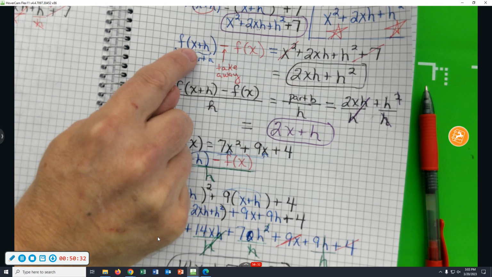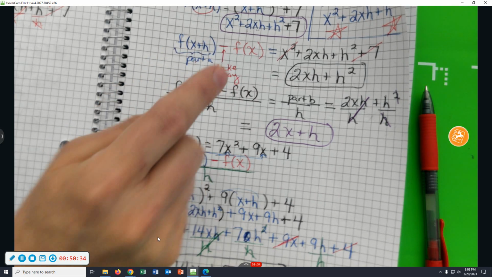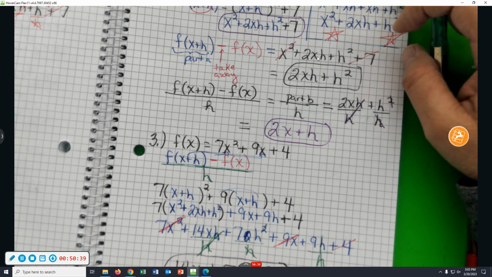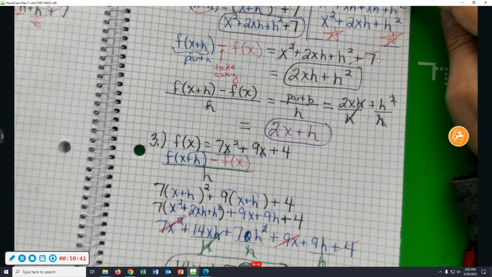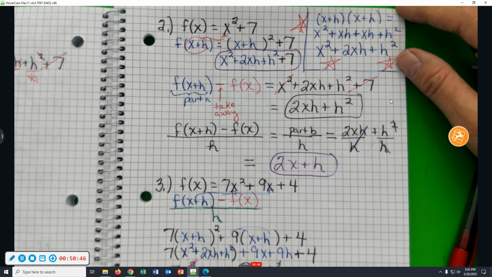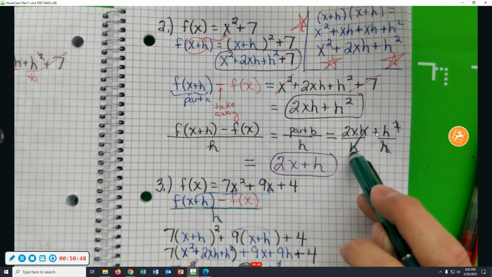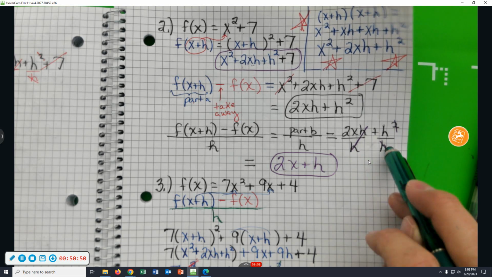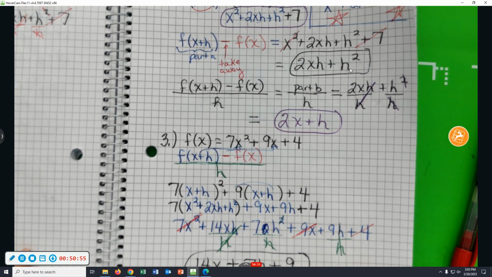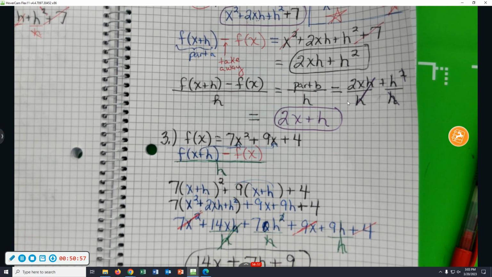In that takeaway part, the only things left are the terms that have an h. Anything that doesn't have an h is being taken away, because the h's must cancel. Every term that's left over must have an h, so that when you put it over h, the h in the denominator cancels, leaving one.